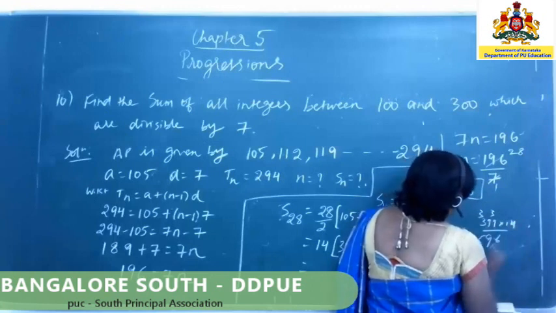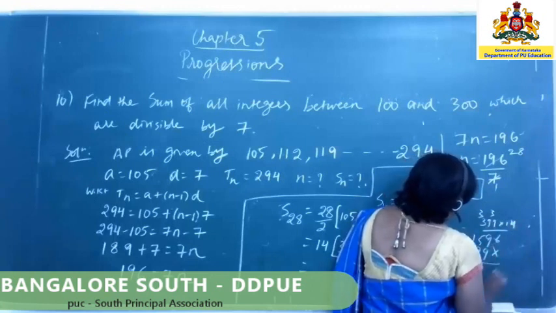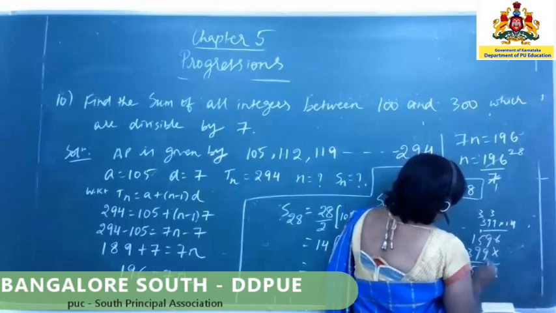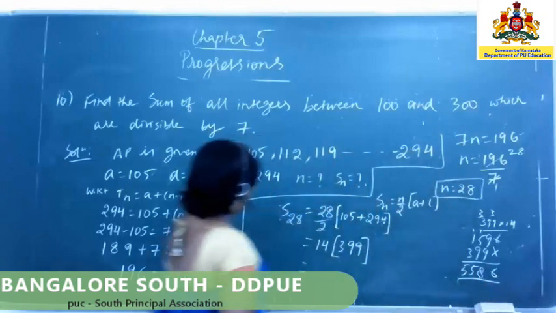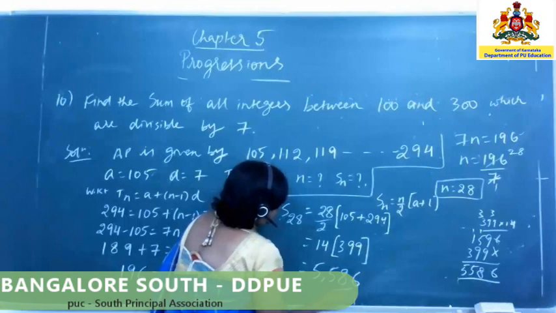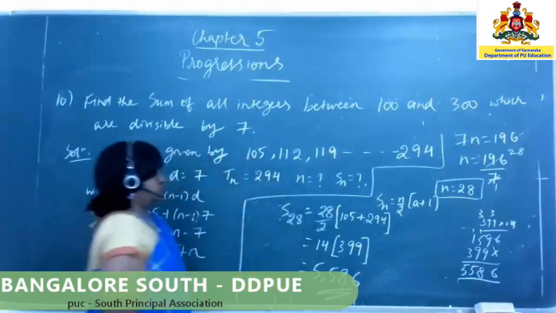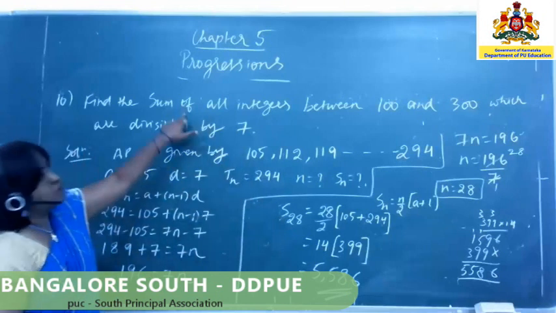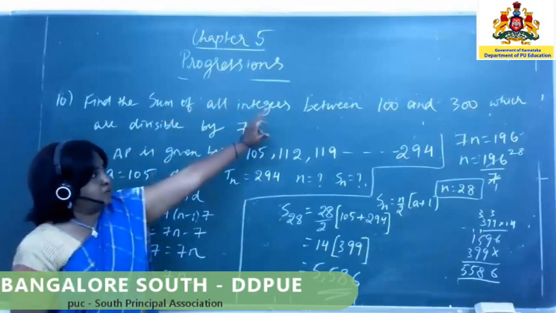So 5586 will be the sum of those 28 terms that are divisible by 7.